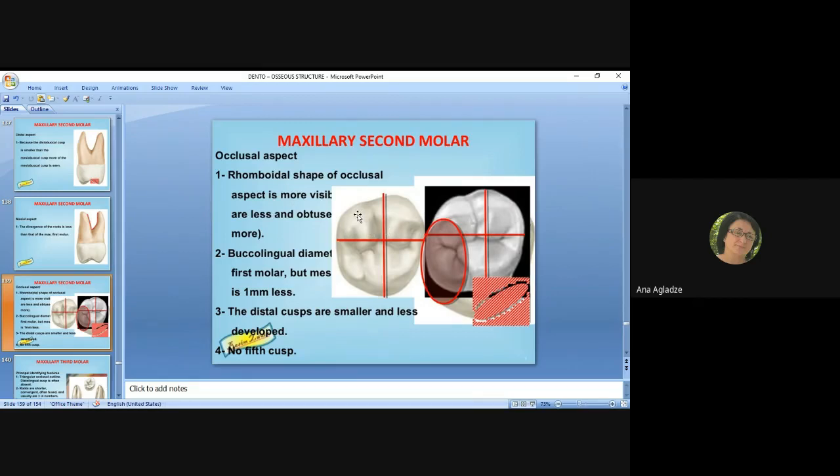In occlusal aspect, the buccolingual diameter is longer than the mesiodistal diameter. The distal cusps are smaller and less developed, and there is no fifth cusp here.